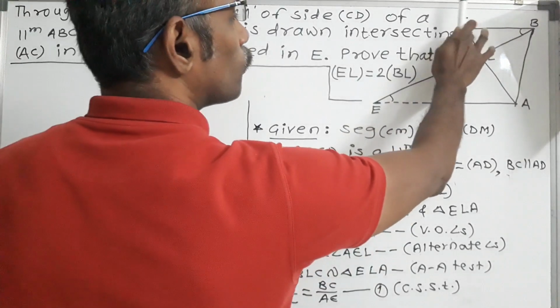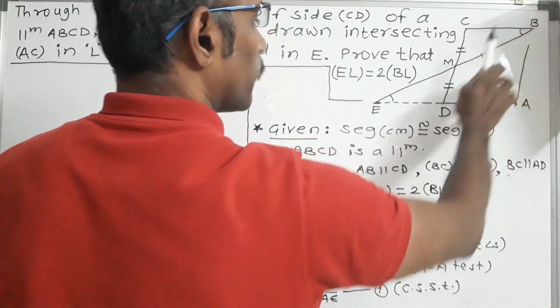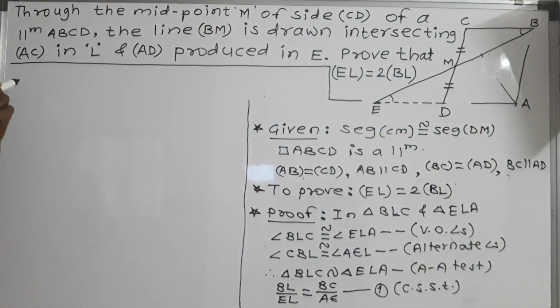Now we will prove that these two triangles are congruent.